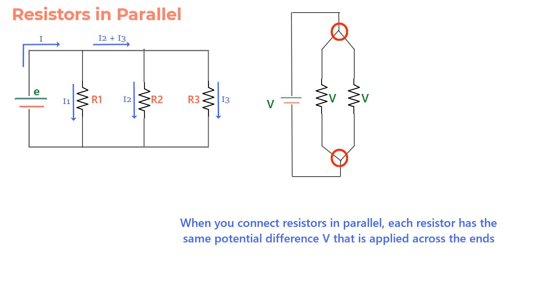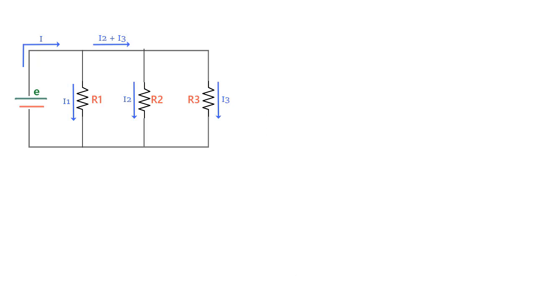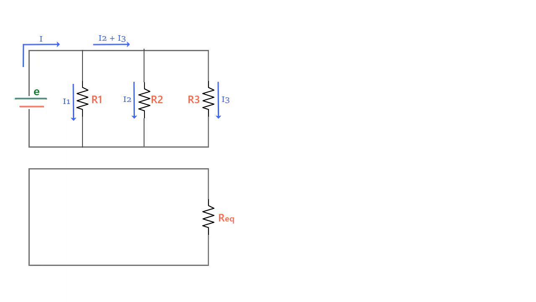If you want to remember the fact that resistors in parallel have the same voltage across, you can remember the word par V, which essentially indicates resistors in parallel have same voltage. So here you can see that the potential difference V is given by this battery. Now, what if we are asked to find an equivalent resistor, let's call it Req, that can substitute these three resistors such that it has the same potential difference V across it and has current I flowing through it.